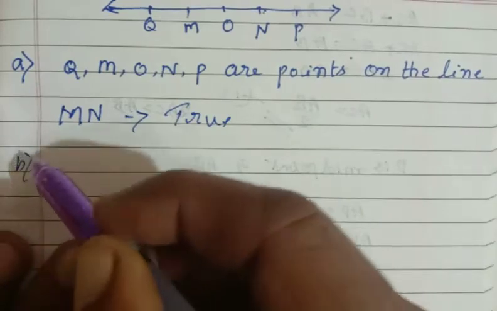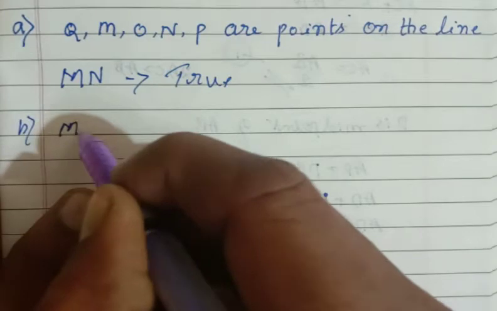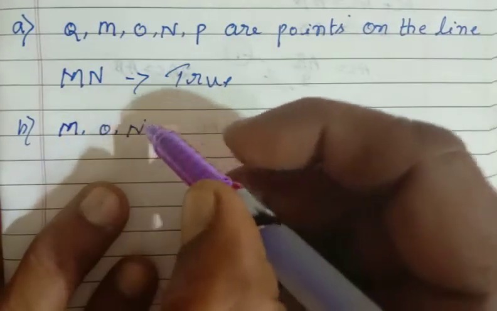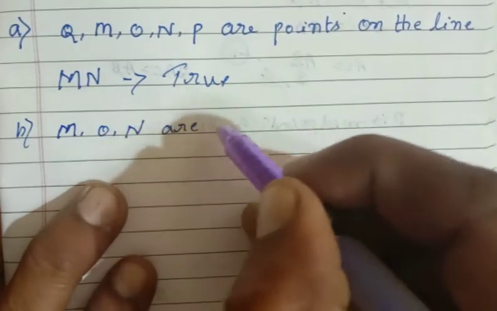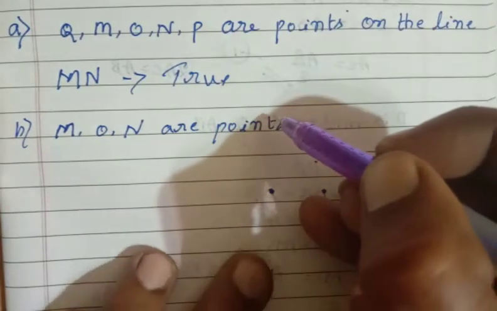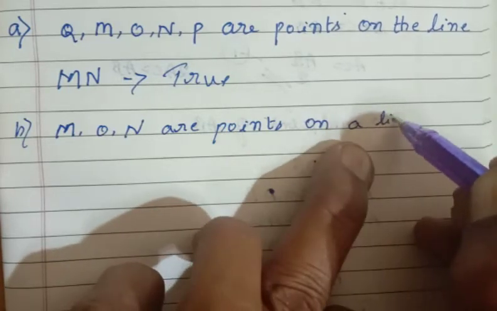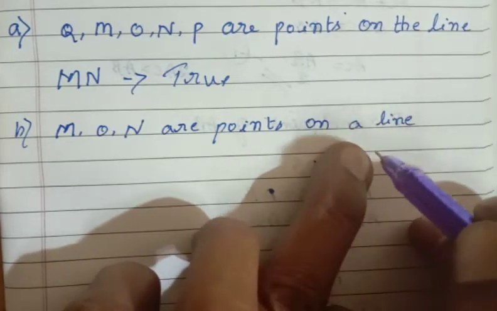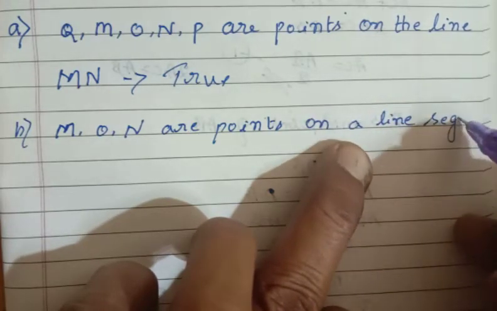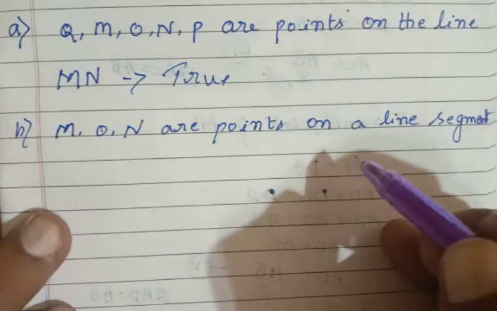B: M, O, N are points on a line segment MN.